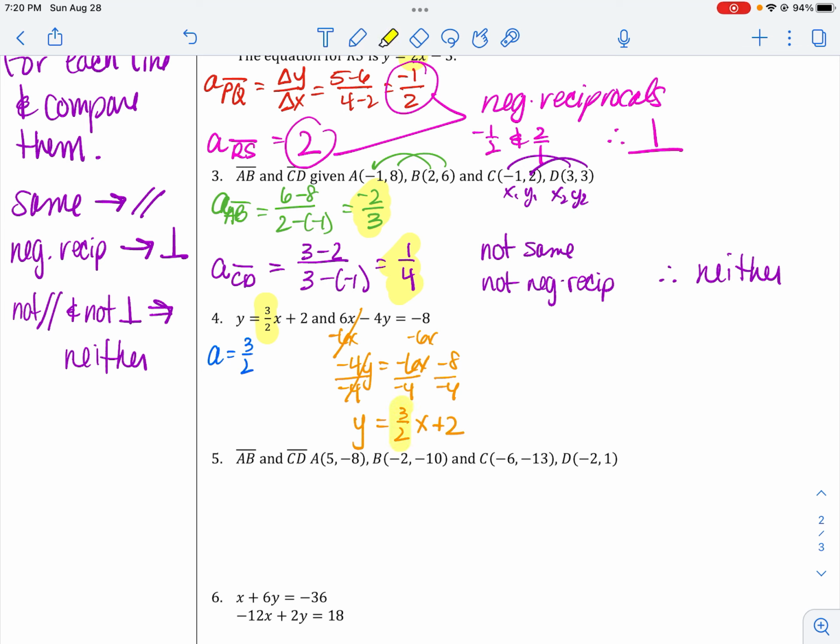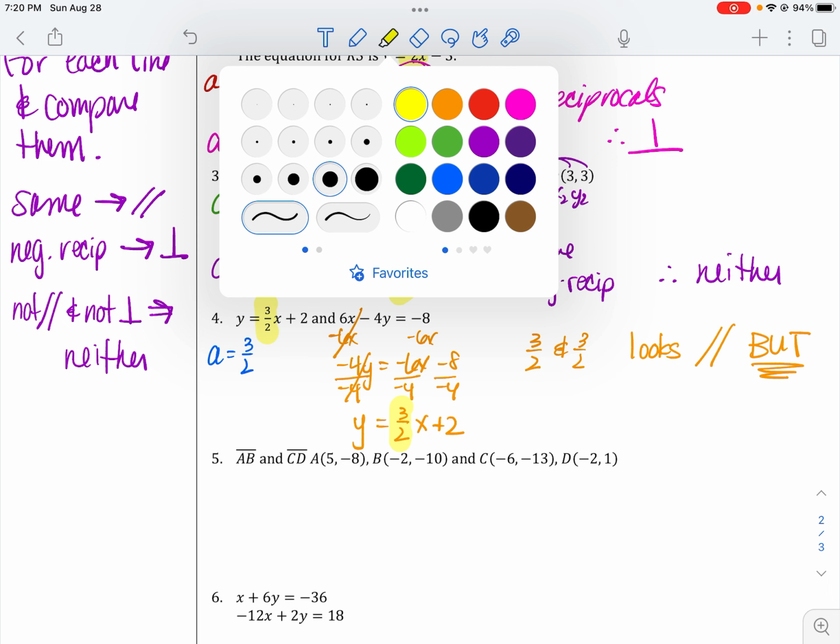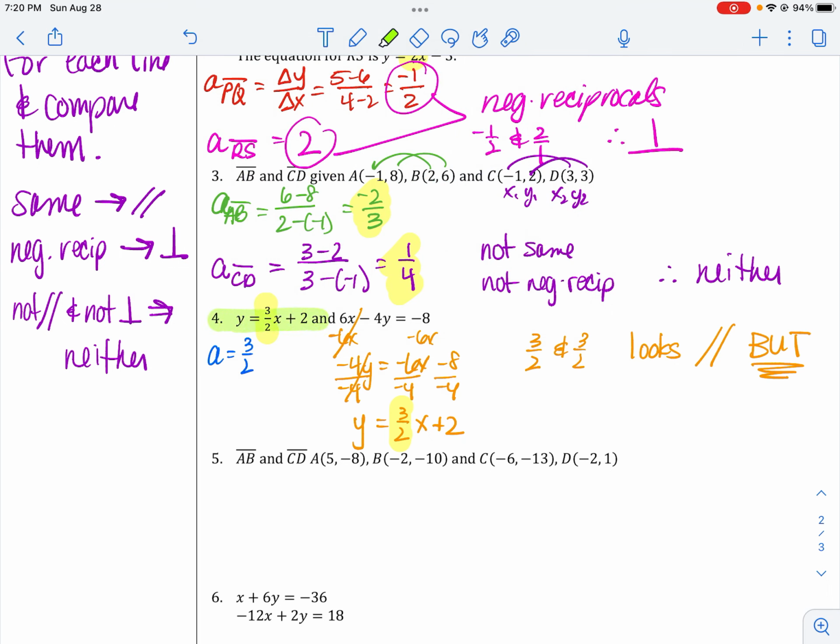So when we look at this slope, I have 3 over 2 and 3 over 2. So at first, it looks parallel. But let's look at our equations carefully. Notice that this is 3x plus 2, and so is the new equation that I rearranged.